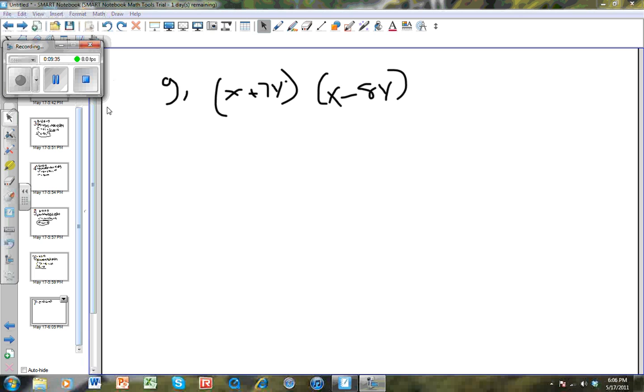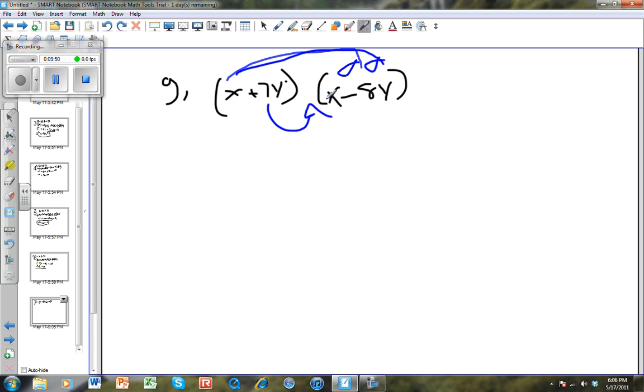Okay, G, x plus 7y, x minus 8y. So we're going to expand that. x times x, x times negative 8y, 7y times x, 7y times negative 8y.